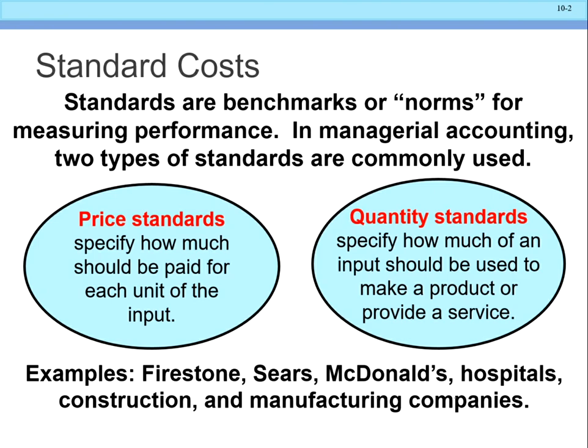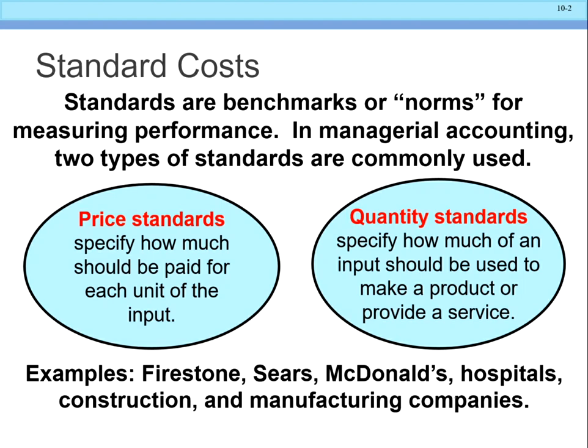A variance can be favorable or it can be unfavorable, and then we want to identify what has caused that variance. If it's favorable, what is it that we did right, which we need to continue doing? If it's unfavorable, what is it that went wrong that we need to rectify? So that's how this whole thing about standard costing goes.